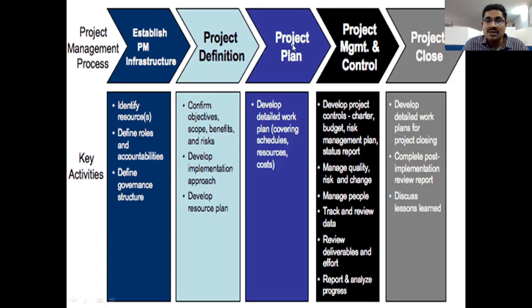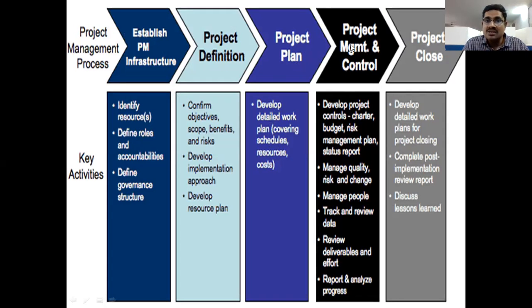And next, the third step is the project plan. So prepare detailed schedules of each and every activity and the resources, and a time and cost estimation. These schedule, resource, time and cost estimations come under project planning. And next, project implementation and control.